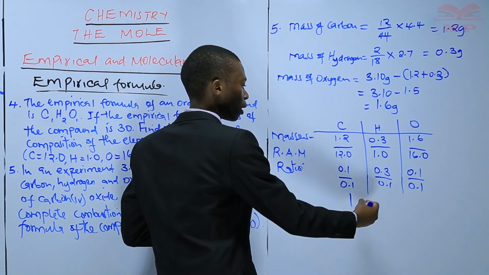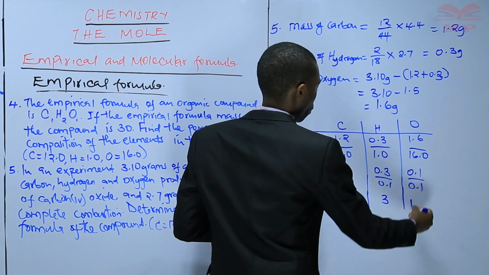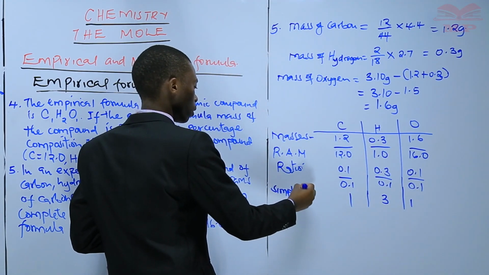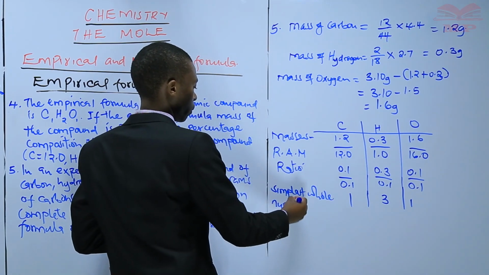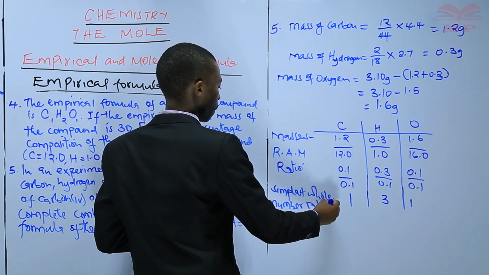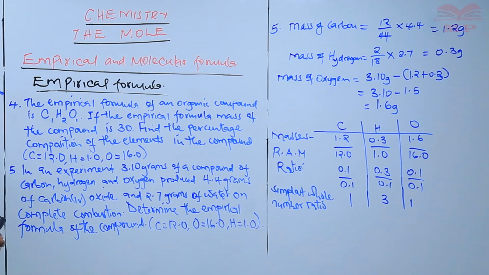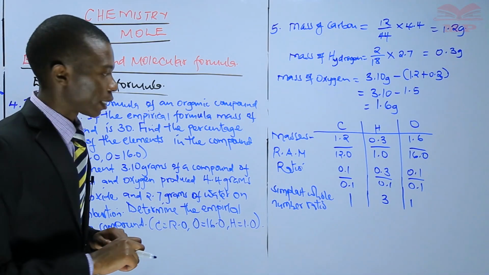Therefore, the ratio will be 1, 3, then 1. This is the simplest whole number ratio in which carbon, hydrogen, and oxygen are combining.